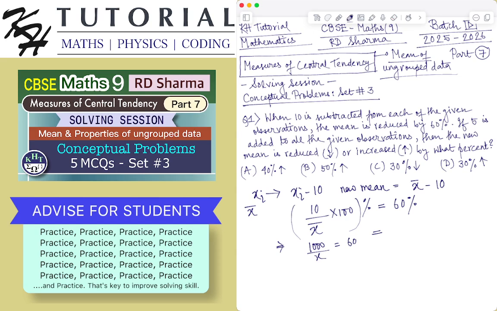This implies that 1000 by x bar is equal to 60.